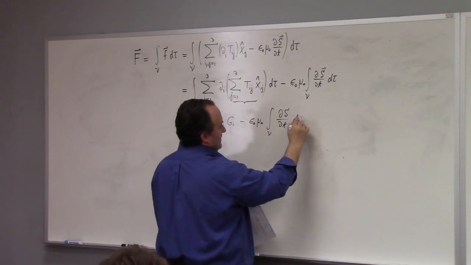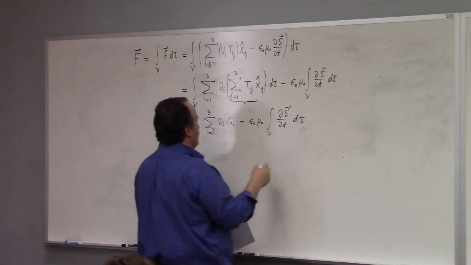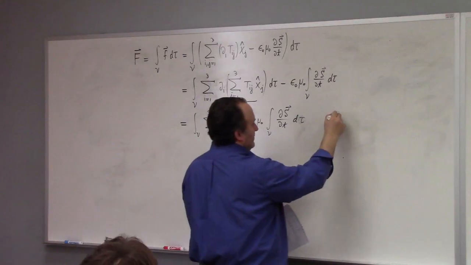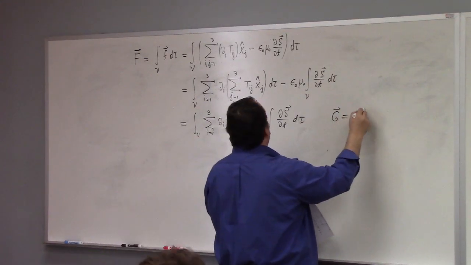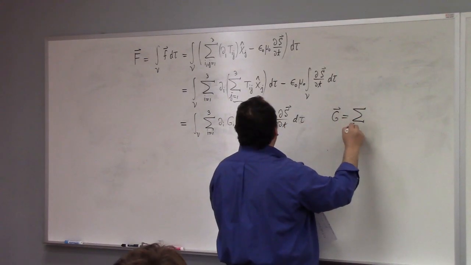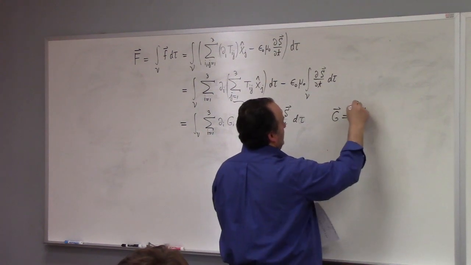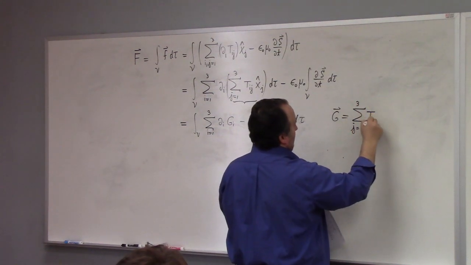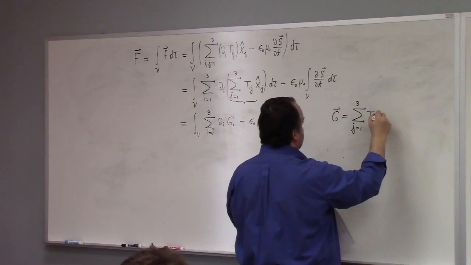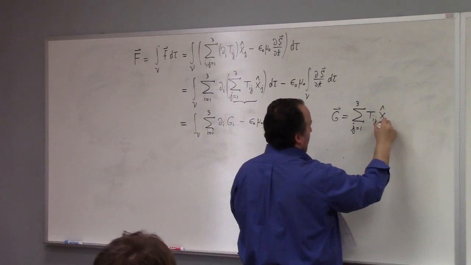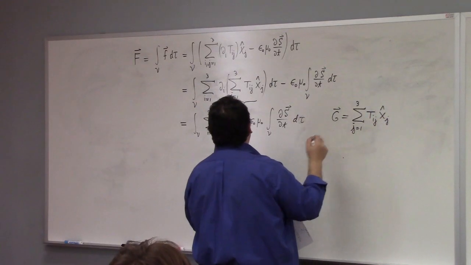It's getting boring to write this; it's always the same thing. Here I've introduced my G vector as the sum j equals 1 to 3 of T_ij x hat j.